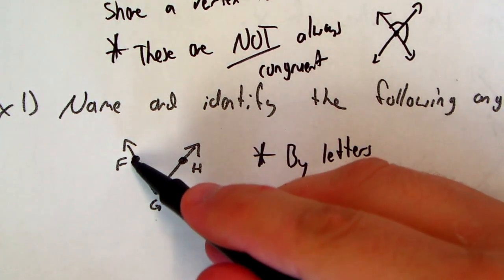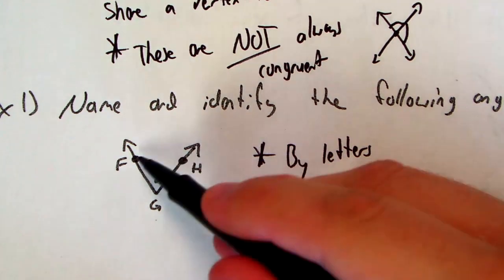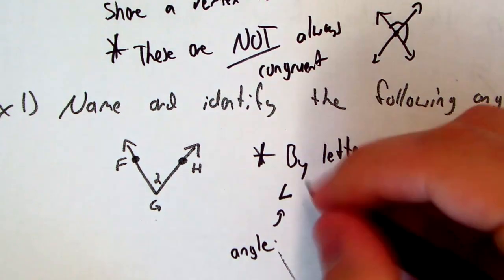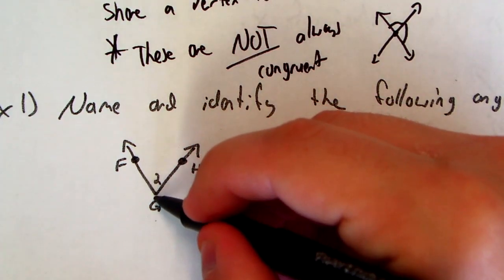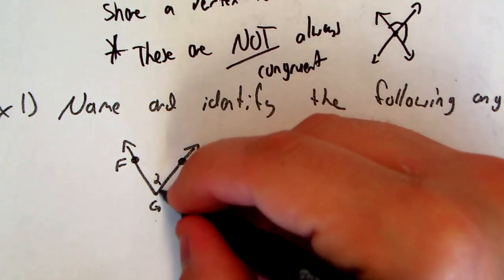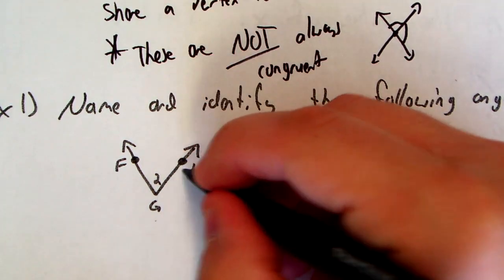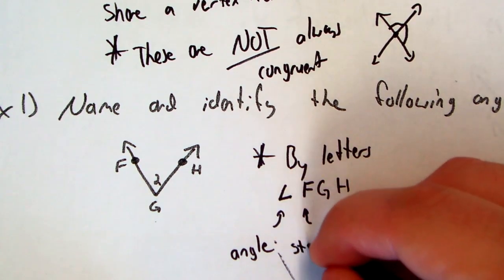So the way we name angles by letters is we start at one of the sides, either F or H. We're going to write that down. We always travel through the vertex, so that'd be G. And then we go up to our endpoint, which is H. So this first letter is the start.